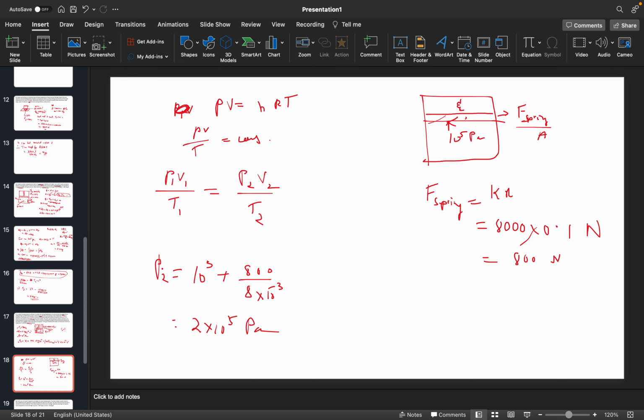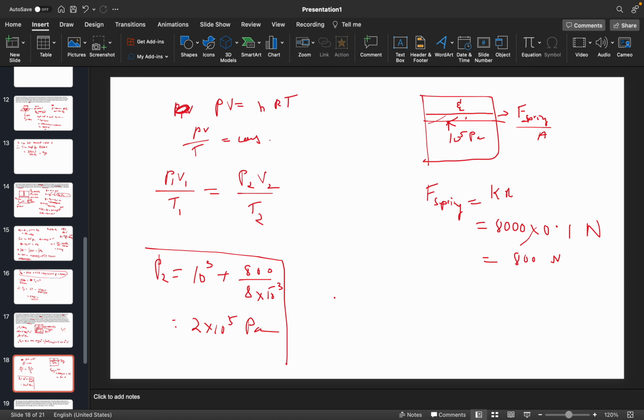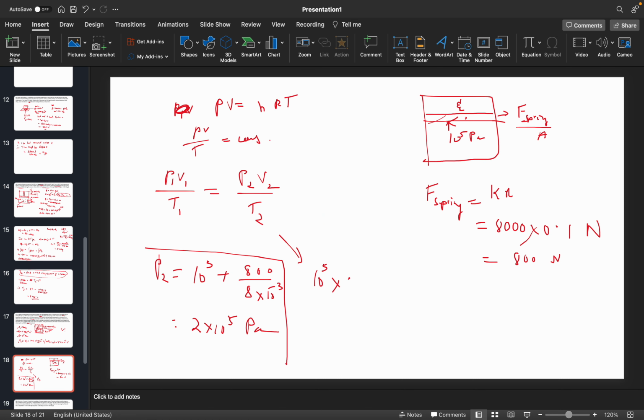We know P1, V1, T1, P2, and V2. Now we can calculate T2. Just put it here. What is P1? P1 is 10 to the power 5. What is my V1? 2.4 into 10 to the power minus 3.